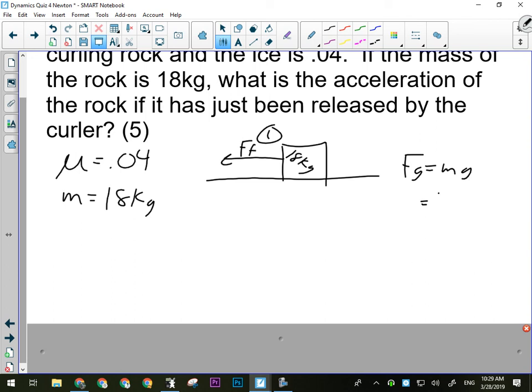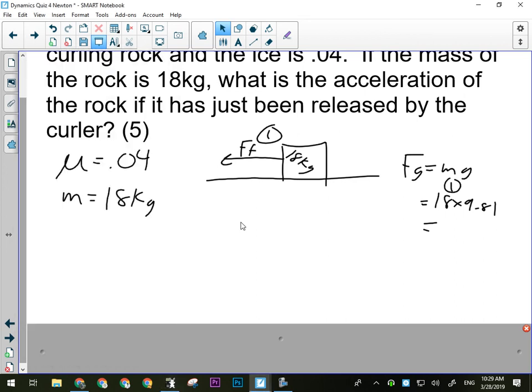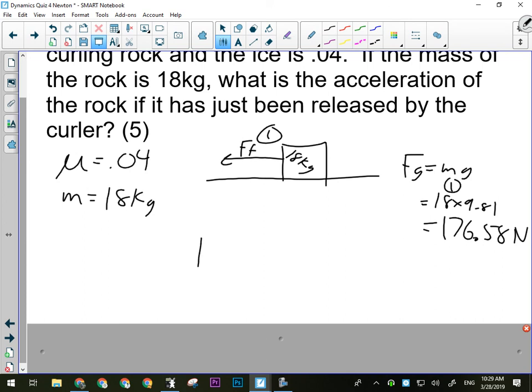M times G, 18 times 9.81. So they can have a mark for that. So we're looking at 176.58 newtons. There's my force of gravity, which also happens to be my force normal. So I'm going to calculate the force of friction by going mu times the normal force.